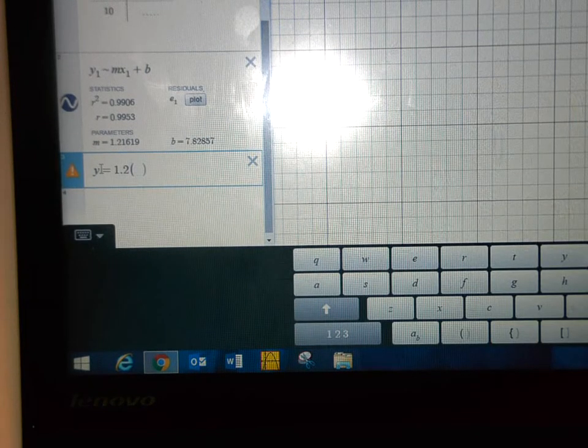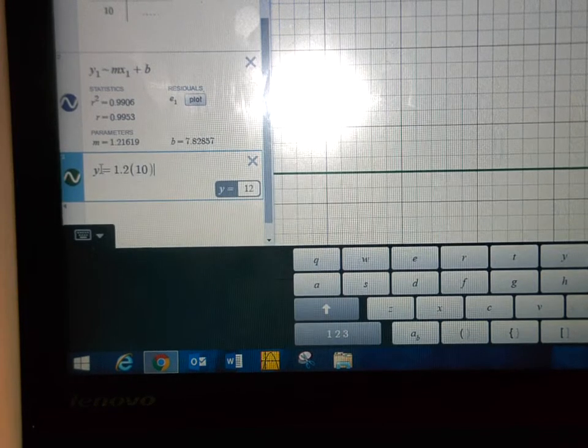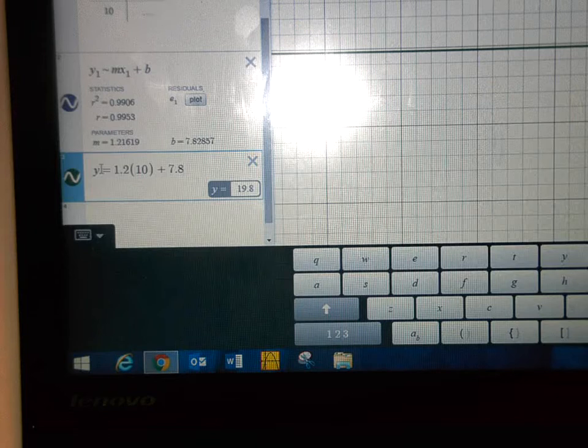So our X value is what? 10. And then our equation, the B value was 7.8. And then look, it gives us the answer. 19.8 pounds. Exactly. So at 10 months old, the baby should weigh approximately 19.8 pounds for a girl.